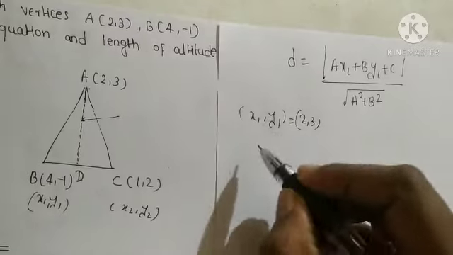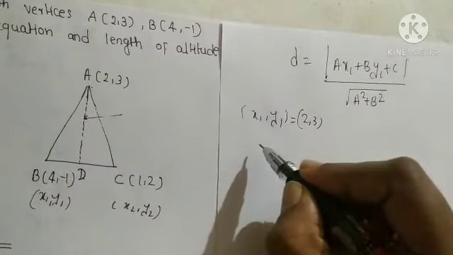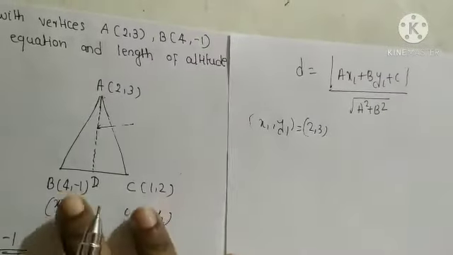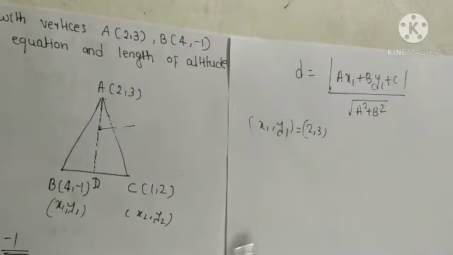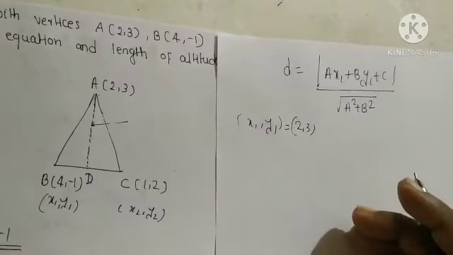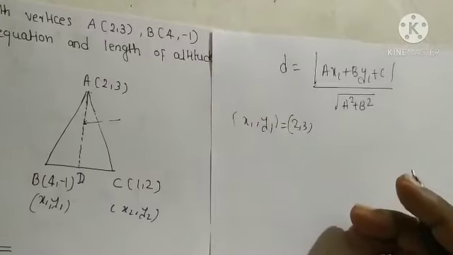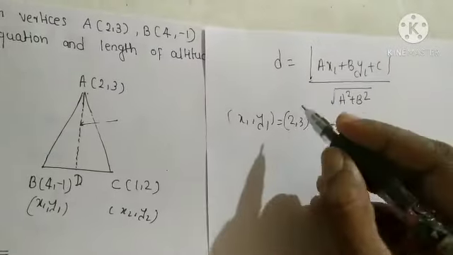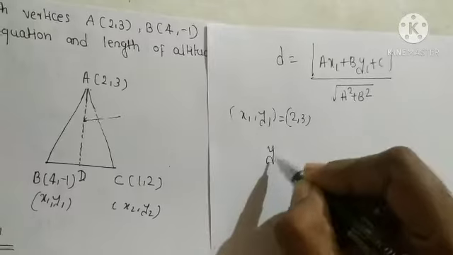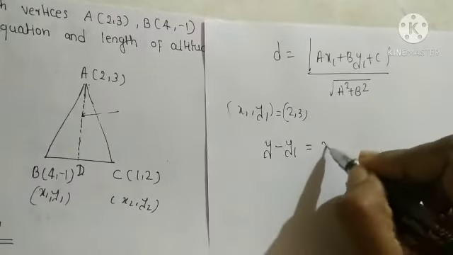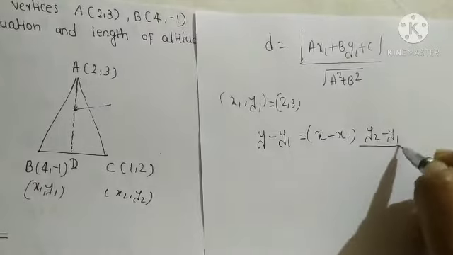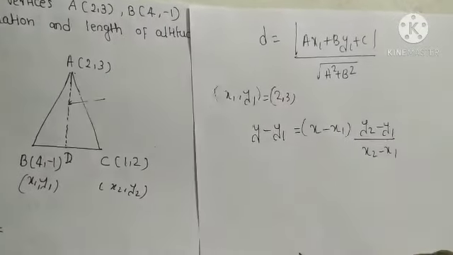We know that the equation of a line when 2 points are given is calculated by using the 2-point form. And what is the 2-point form? y minus y1 is equal to (x minus x1) into (y2 minus y1) divided by (x2 minus x1).